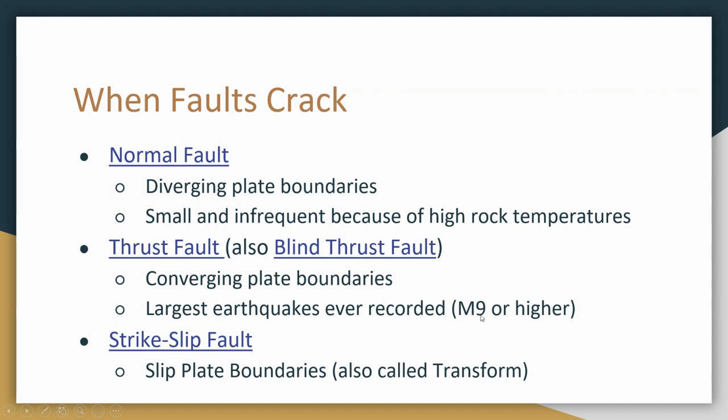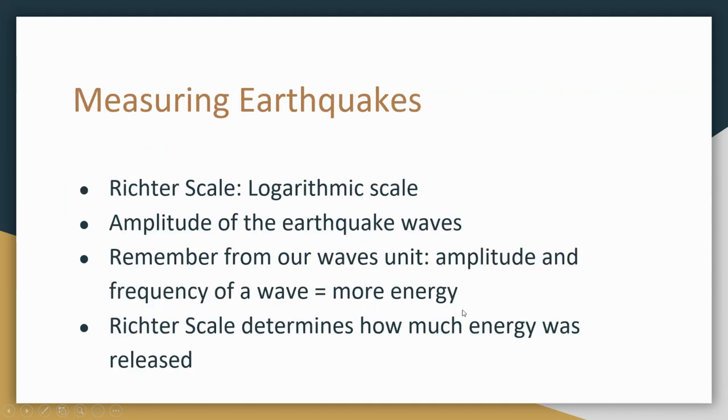Well, you just went up one number, but because it's a logarithmic scale, the magnitude 9 earthquake has 10 times larger amplitude of earthquake waves. So the size of the motion going back and forth is 10 times larger in a magnitude 9 earthquake than in a magnitude 8. So that is a huge difference.